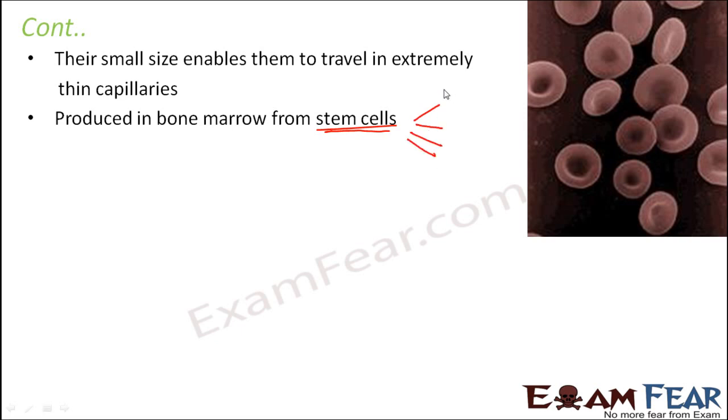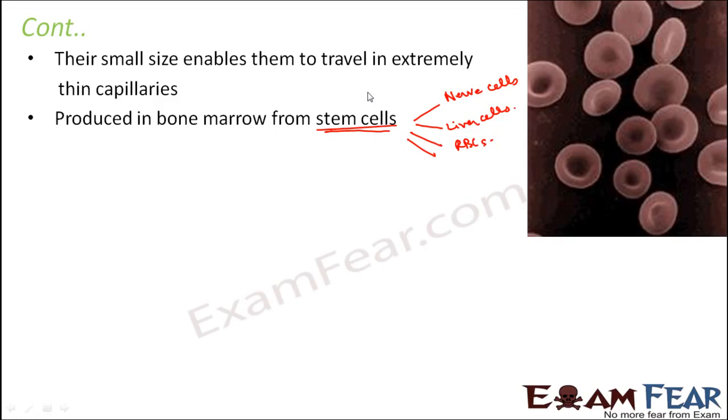For example, the nerve cells, that is the neurons, are so different from all other cells. Again, the liver cells are also quite different. The RBCs or the WBCs, even they are different from each other. So different cells of the body, or the different tissues present in the body, are all different from each other. But the speciality of these embryonic cells is that they have the potential to develop into any type of tissue in the body. So these stem cells produce the red blood cells in the bone marrow.